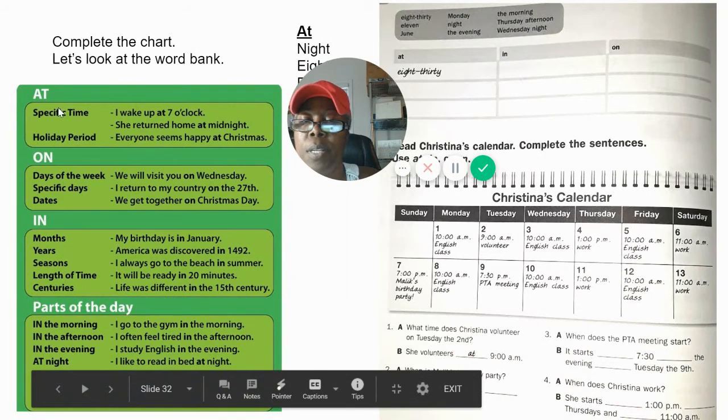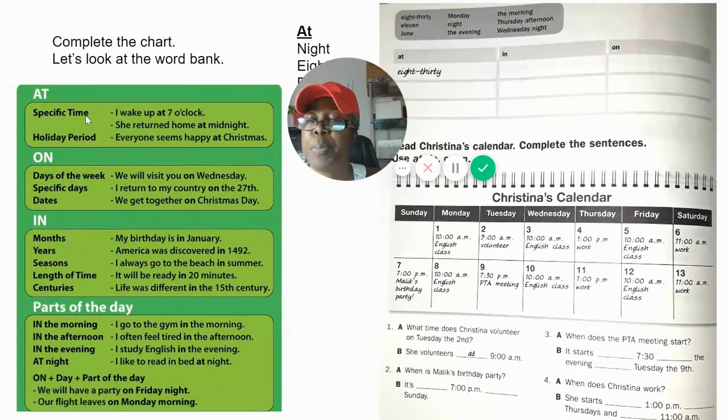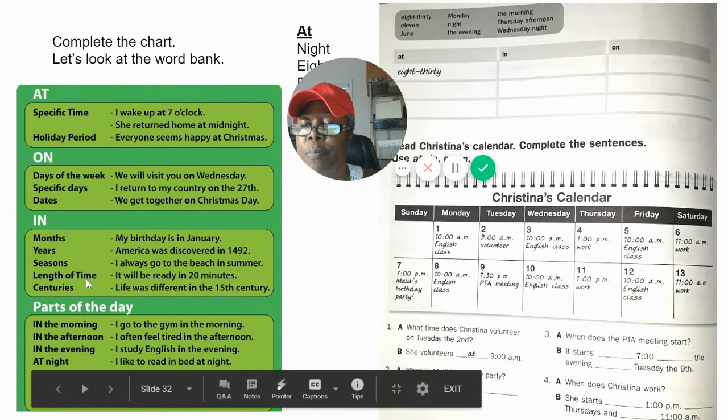Just a reminder, at for specific time and a holiday period, on for days of the week, specific days and dates, in for months, years, seasons, length of time, and centuries.